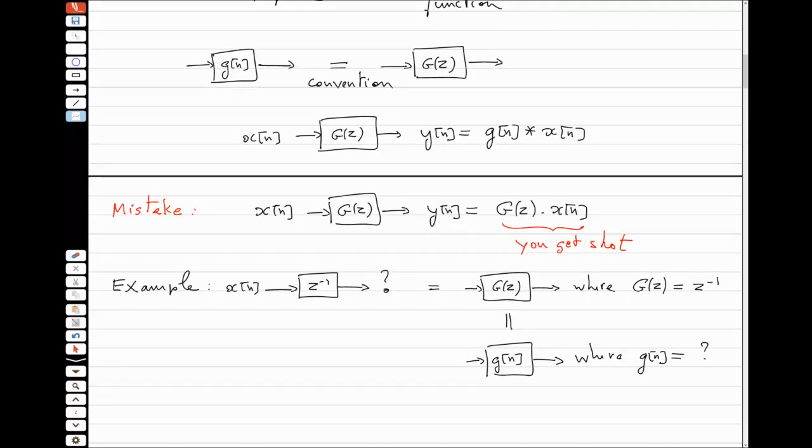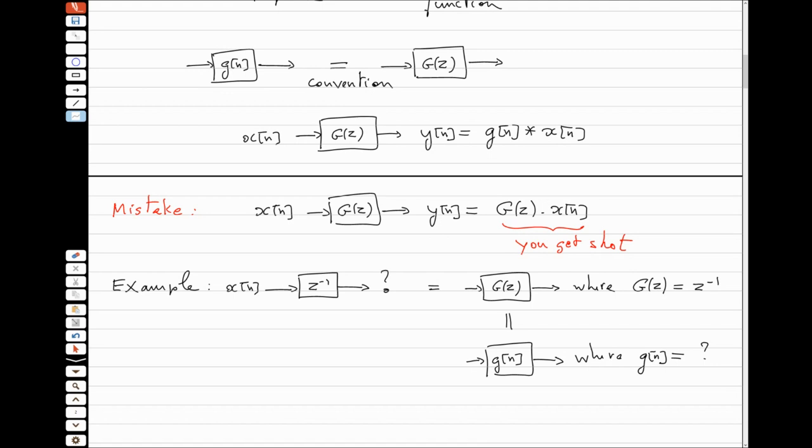Yeah, so I saw an answer, but now answer this question. What is g of n when g of z is z to the minus 1? Delta n plus 1?